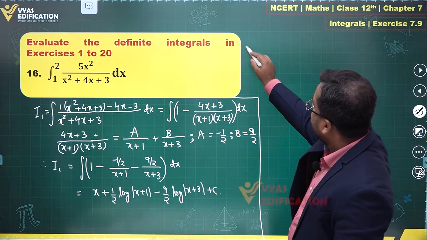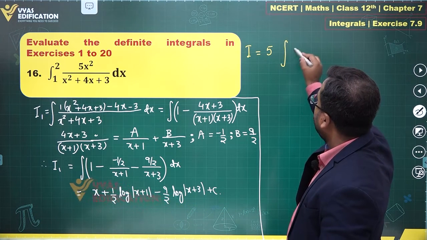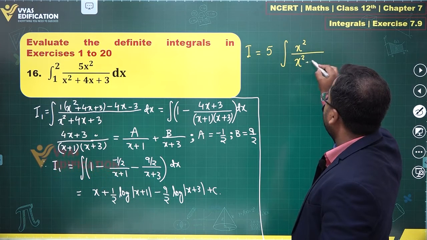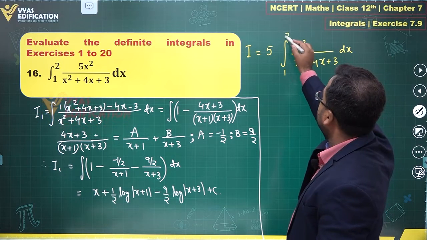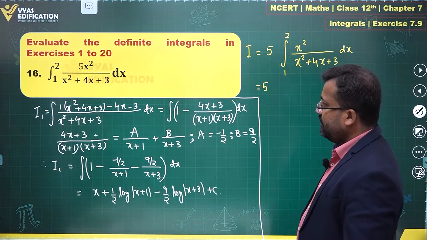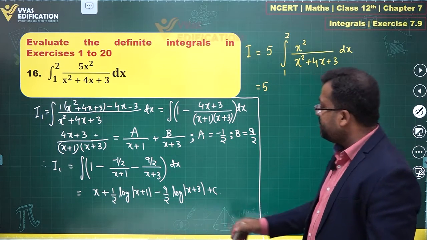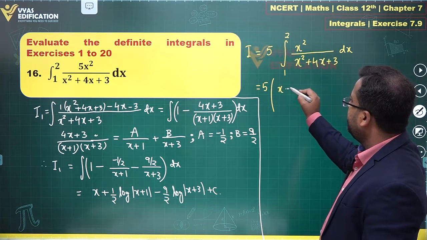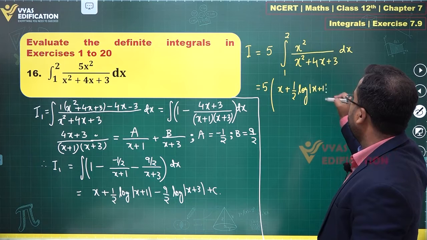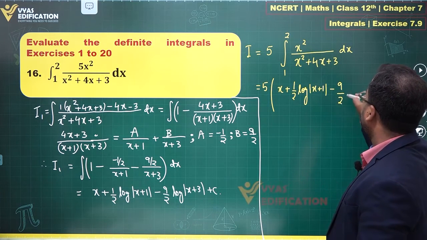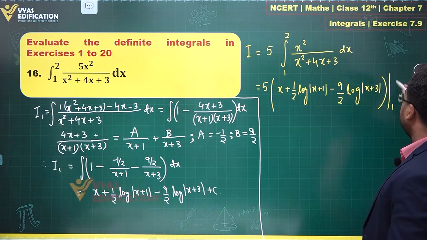So therefore, I is equal to 5 times integral of x square upon x square plus 4x plus 3 dx from 1 to 2. This implies 5 times this expression: x plus half log modulus x plus 1 minus 9 by 2 log modulus x plus 3, and substitute limits from 1 to 2.